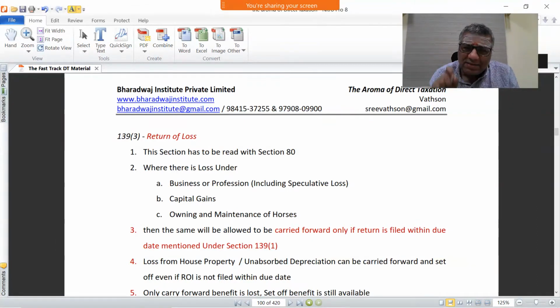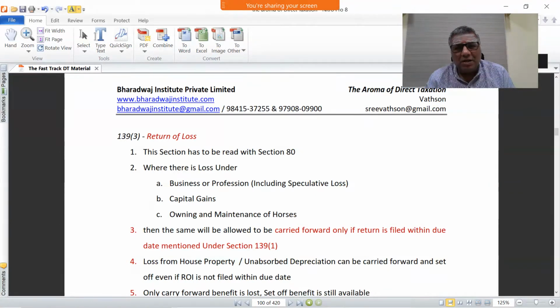Which means, if you want to carry forward the losses, file your returns before the due date. If your loss falls under business, capital gains, or income from other sources, in which owning and maintenance of racehorse is the main thing. Of course, if you have house property loss, carry it forward even if returns are not filed within the due date.